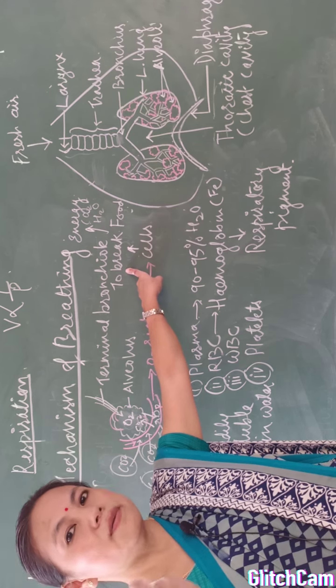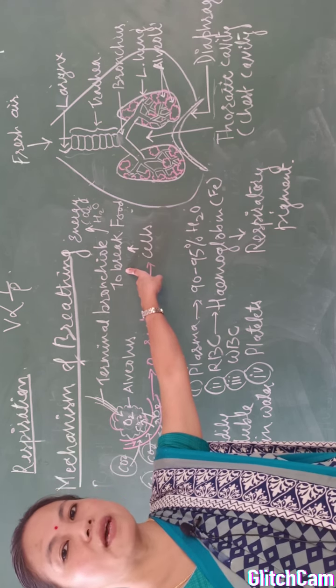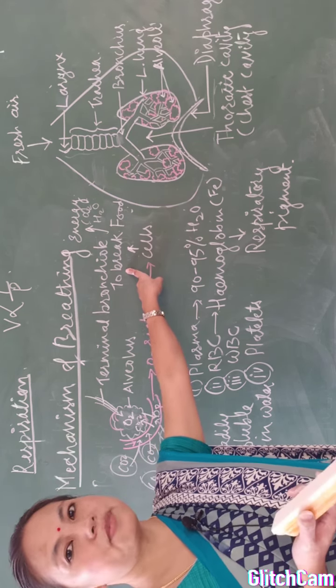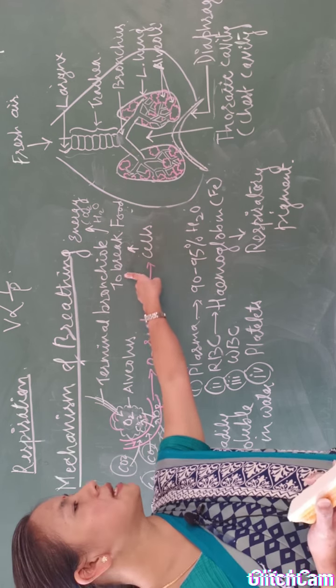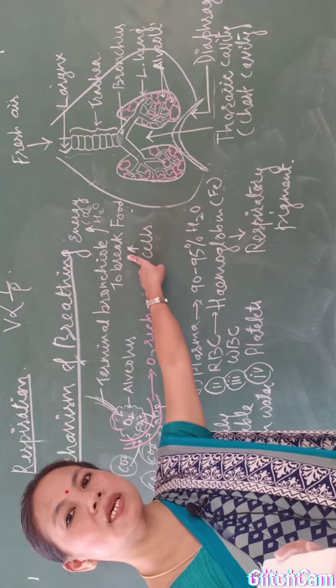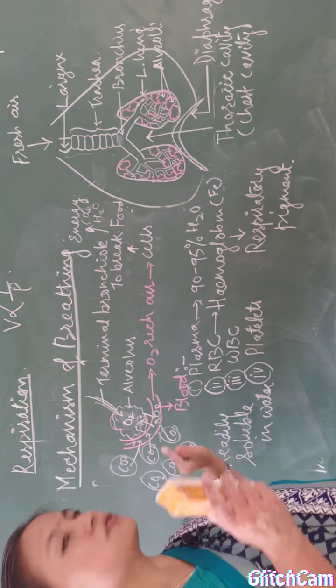These cells will carry out the function of breaking down the absorbed food. In the nutrition portion we have studied absorption and digestion of food. That food has also reached the cells by the blood. That food will be broken down by the oxygen carried by the capillaries.